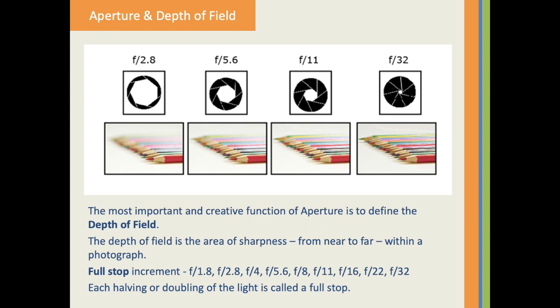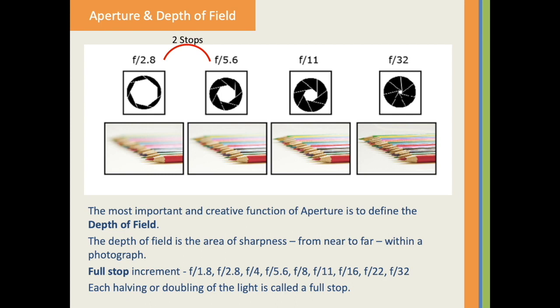So that's what one stop does. It either doubles or halves the light that is entering your camera, whether you are going a stop up or a stop down. So for example, here between 2.8 and f6, I know I have two stops.